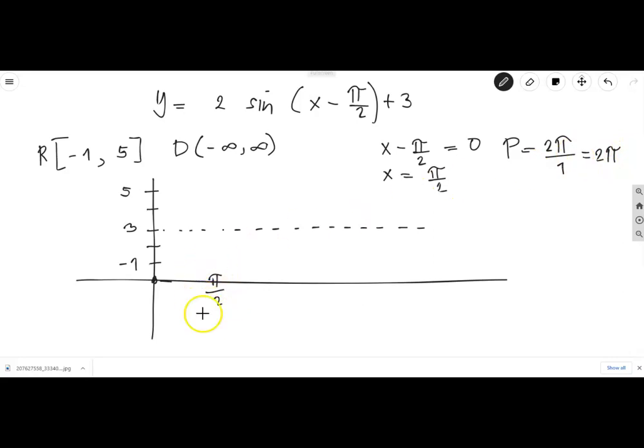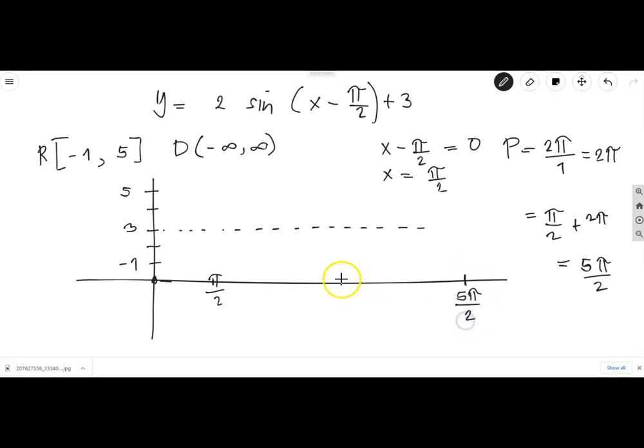But here we start the shifting, from 0 to pi over 2. So you add pi over 2 to 2 pi, and we get 5 pi over 2.